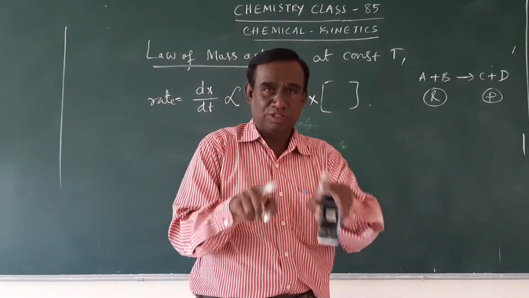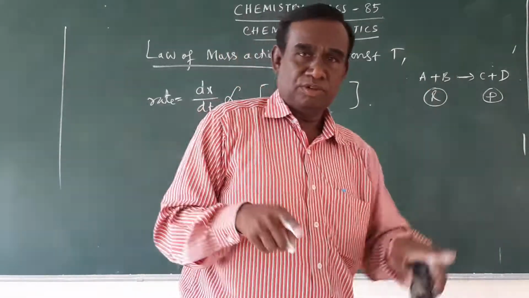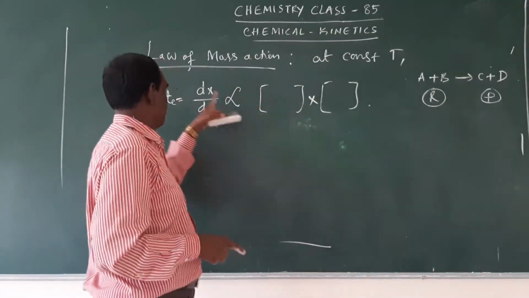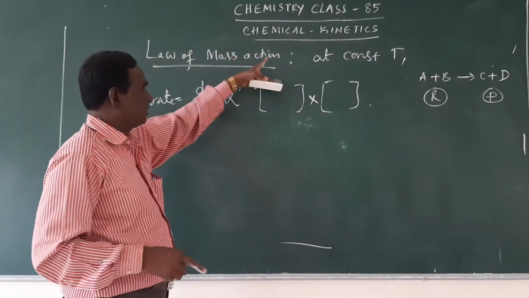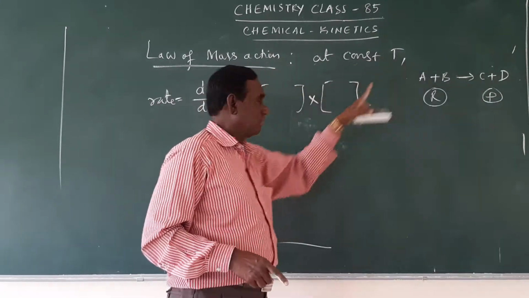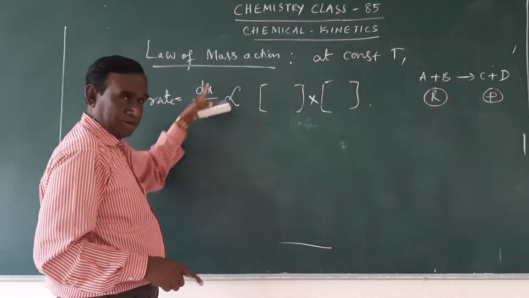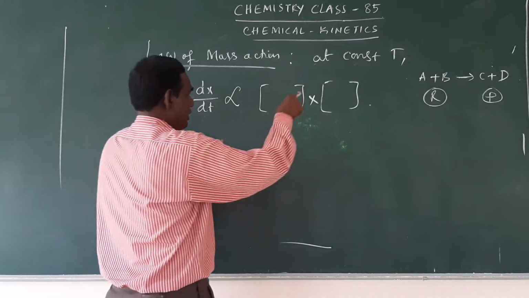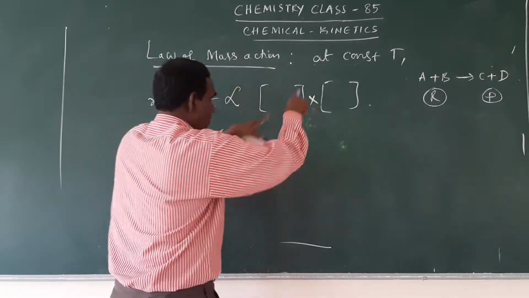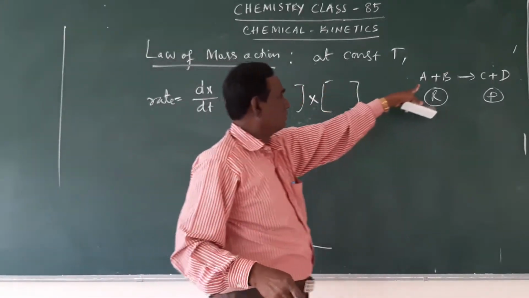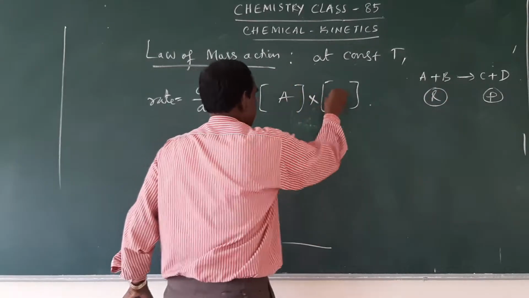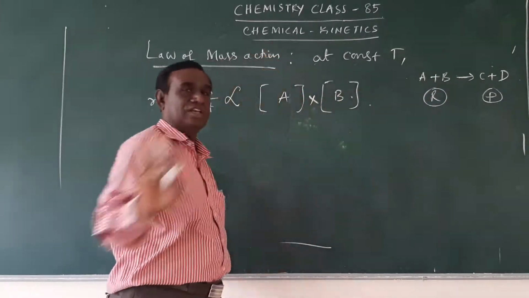Active masses are expressed in square brackets. Which are those reactants? A and B, not the products. You have to take only reactants.